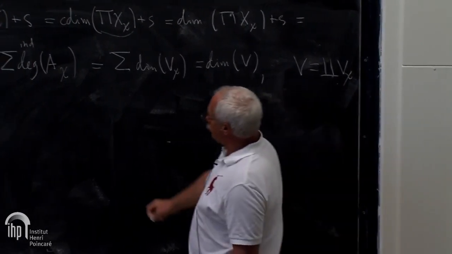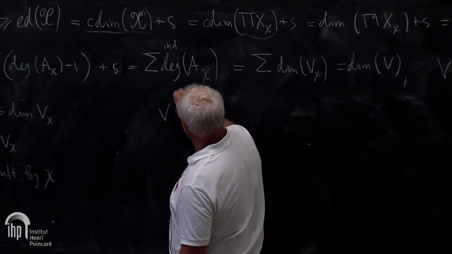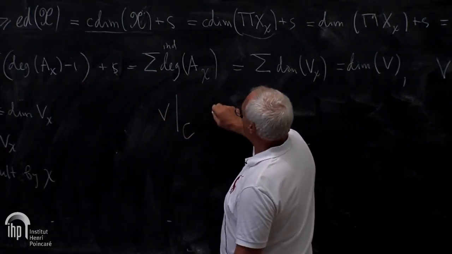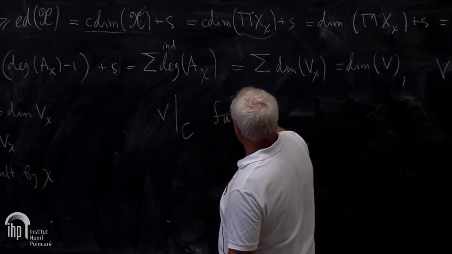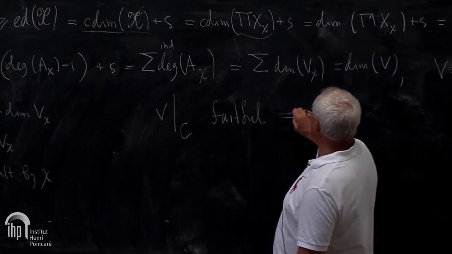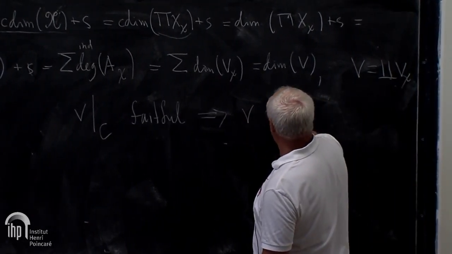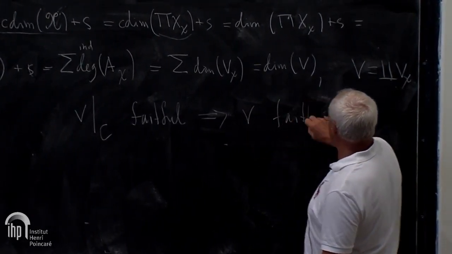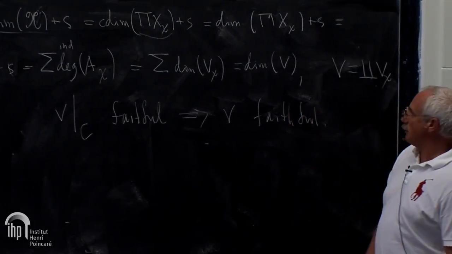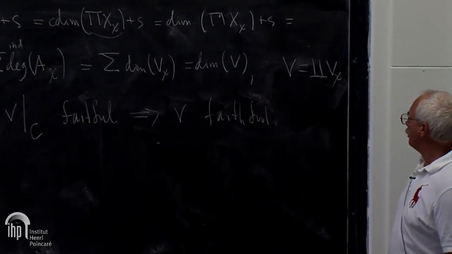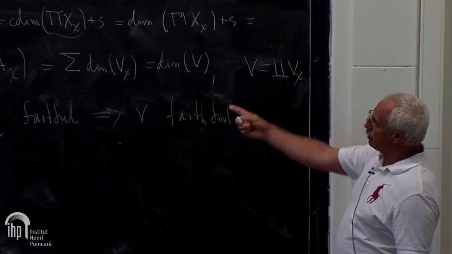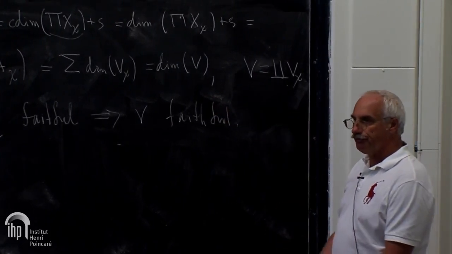And then by construction, you see that the restriction of V on the circle is faithful. And then a standard lemma shows that V itself is faithful. So that's how we construct the faithful representation for which you have this inequality, which is actually the equality.